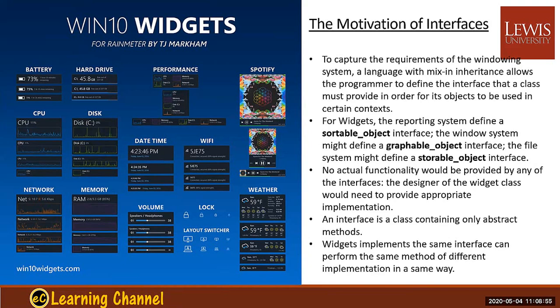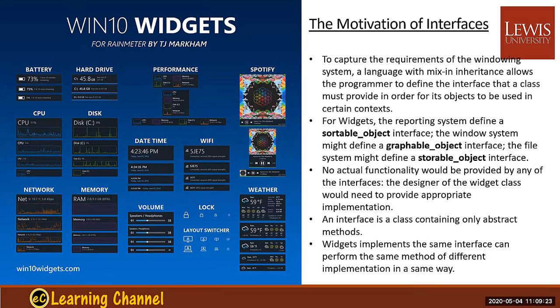This is the background, the reason why we want to do this kind of OOP: to capture the requirement of the Windows system. A language with mixed-in inheritance allows the programmer to define the interface that a class must provide in order for its object to be used in a certain context.